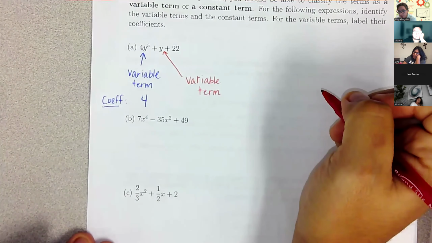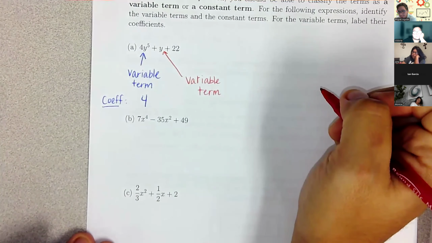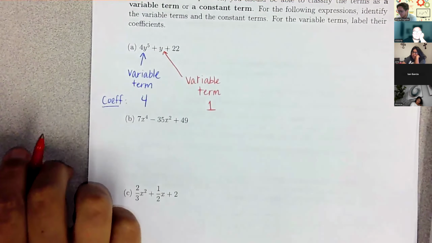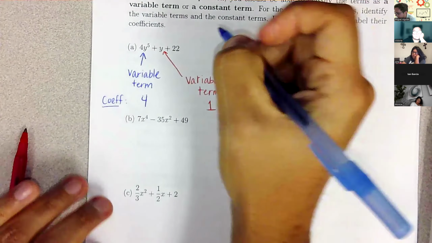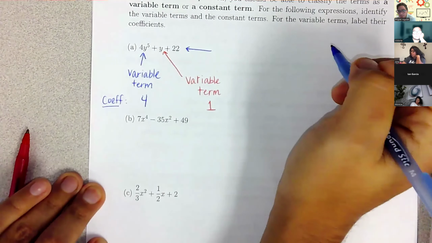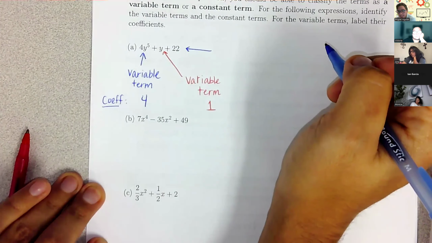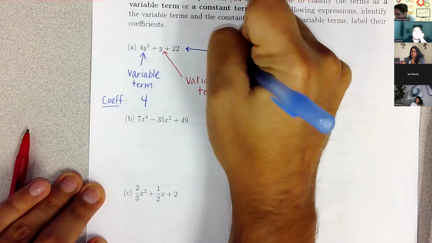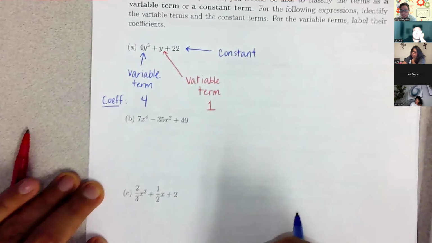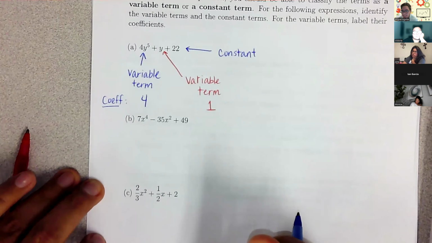And what is its coefficient? 1. 1. Sounds good to me. I'm making light work of this, right? Finally, we have 22. Is that a variable or a constant? Constant. That's a constant. And constants don't have coefficients, so we're not going to label anything there.